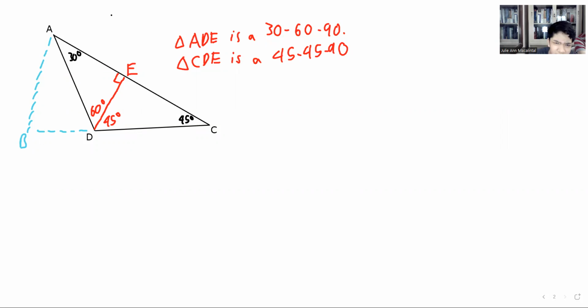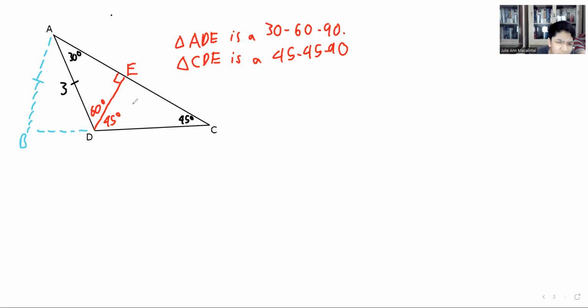Actually, I forgot to put something important. This is 3, and this is also the same. If we know one side of a special triangle, we can find all of the other sides of the special triangle.